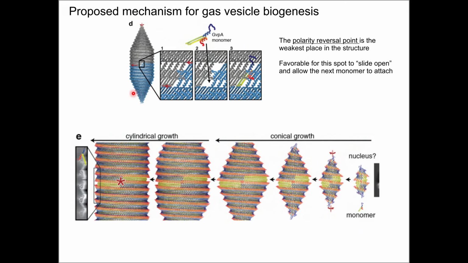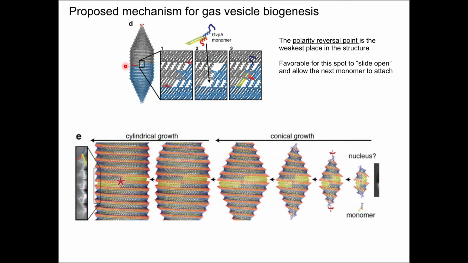So they were curious about this mechanism of gas vesicle biogenesis, and playing off the seam that they found at the middle, they assumed that we have one helix on one side of the cylinder and another helix on the top.